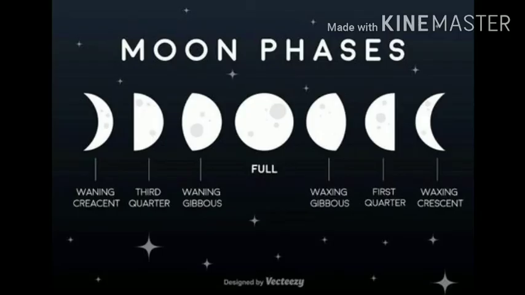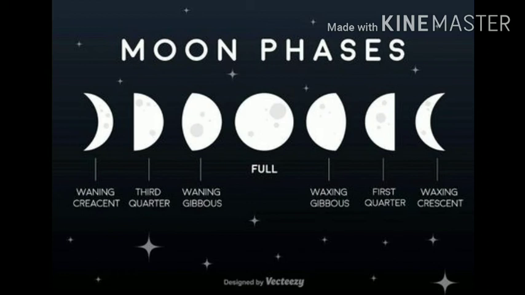Now our next topic is the phases of the moon. You know that the moon seems to change its shape every day. These different shapes of the moon, as we see them from the earth, are known as phases of the moon.